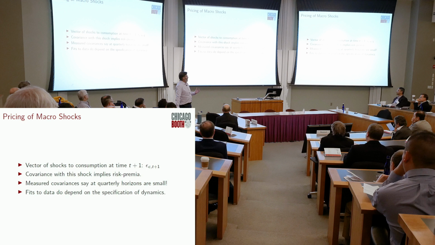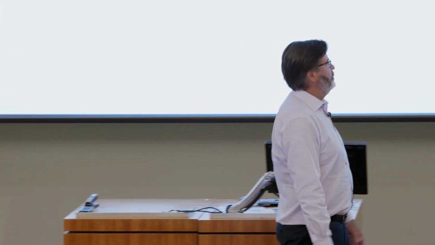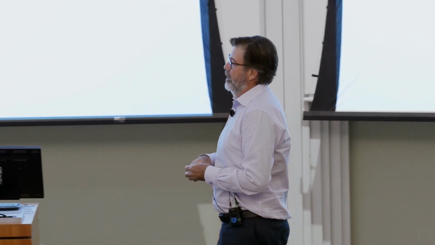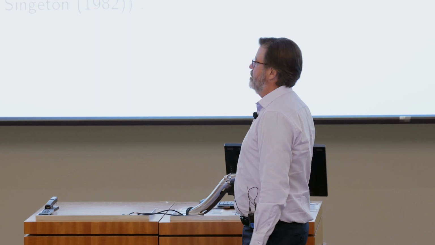So, okay, great, you can go out and measure them, but you don't see much data. Now, we have to be a little careful because it's about conditional moments and so on. So there's been some discussion in the literature about, well, maybe those conditional volatilities are moving around. There might be large events, sort of peso type problems, so you don't see extreme events in the data that might explain some of this.